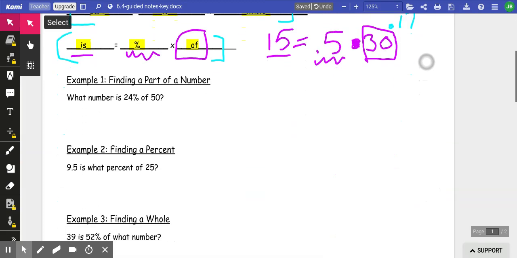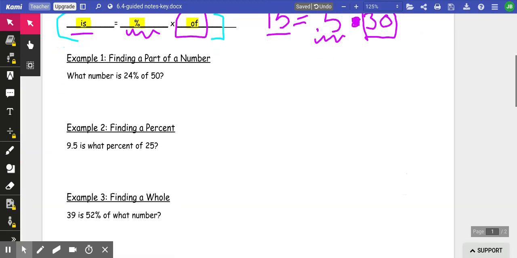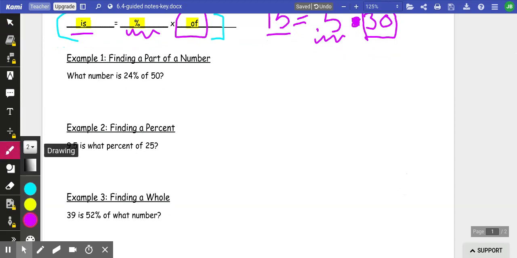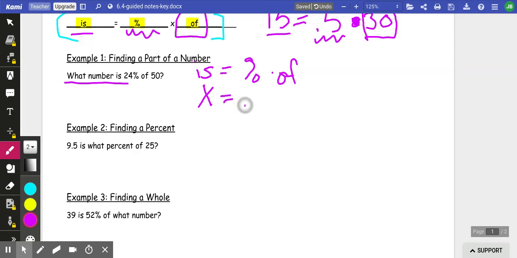Okay, so let's look at our first example. This one we're finding a part of a number. So we have what number is... Remember, it's is equals percent times of. So our part equals percent times whole. Our "is" is our unknown. We're finding our part equals our percent, so 0.24 times 50.